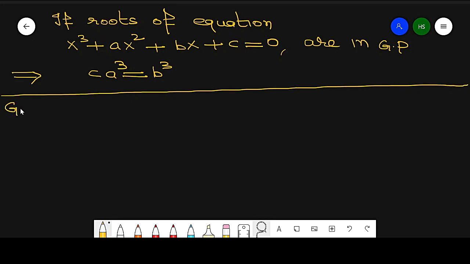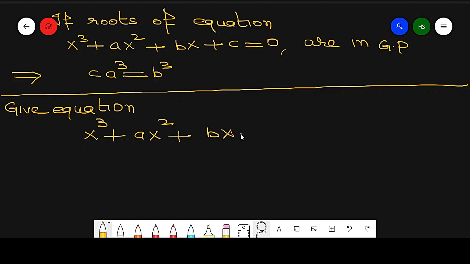Now, the given equation is my first step. The given equation is x cube plus ax square plus bx plus c equal to 0, which is equation number 1.